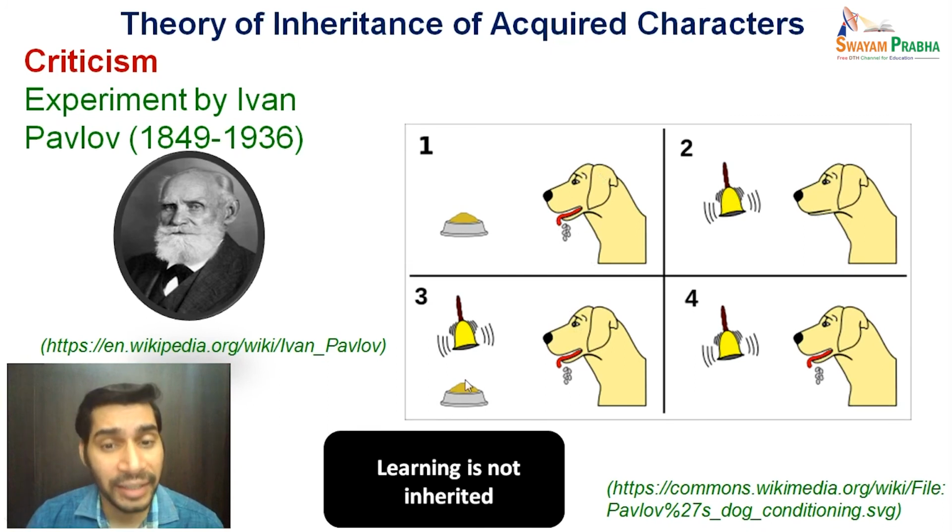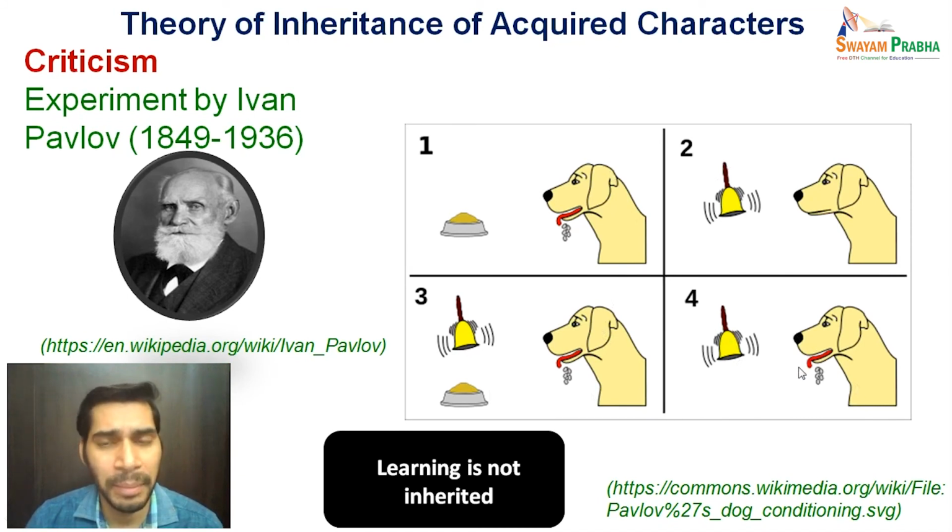In another set, he kept the food and rang the bell. So the dog could feel that the bell and the food are sort of associated. After a number of experiences or learning, the dog started salivating whenever the bell rang, even when the food was not there. So they got conditioned that whenever the bell rings, the food is coming and the salivation starts.